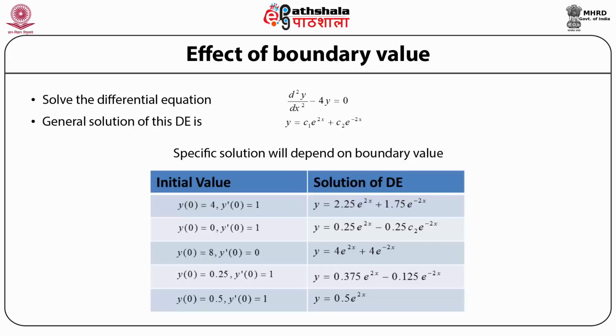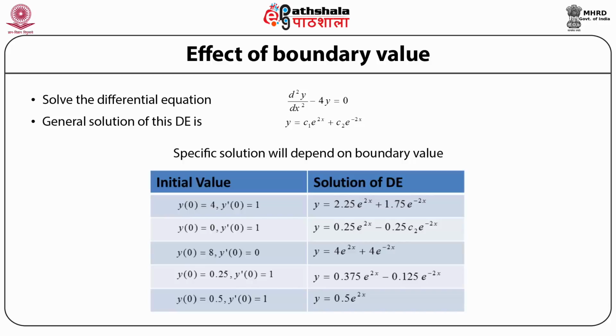Let us assume an initial value y of 0 is equal to 4 and y dash of 0 is equal to 1. If you substitute these values, you can find the values of the constants c1 and c2. Once you find the constant values, you can substitute them.